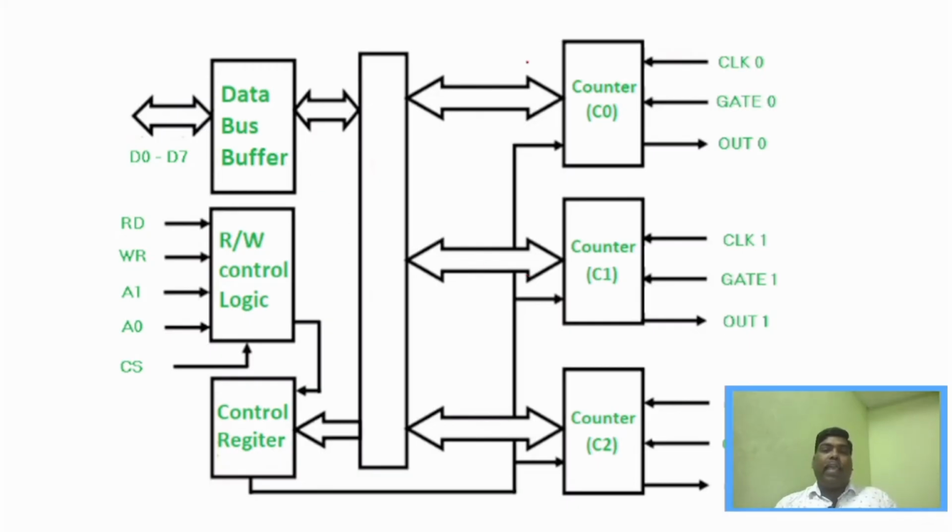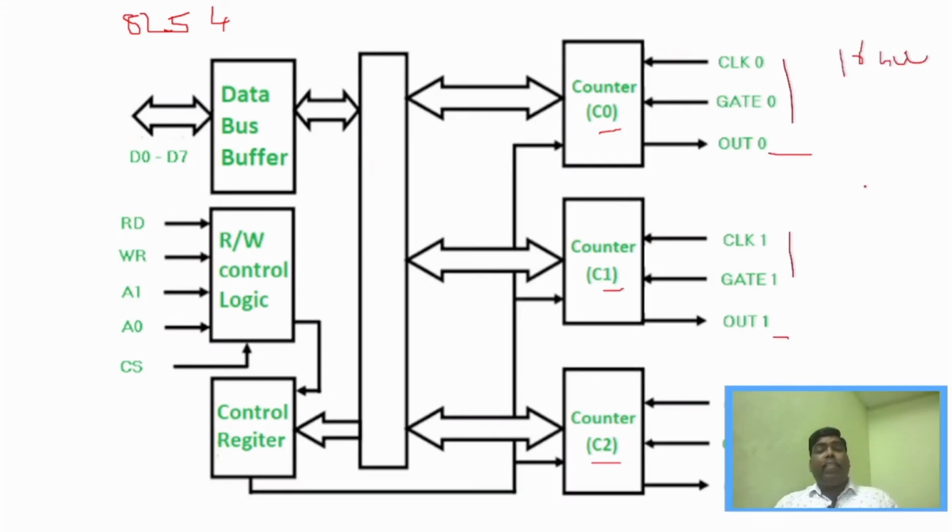So this is the block diagram of 8254, and coming to this block diagram, as I previously said, we have 3 counters: counter 0, counter 1, and counter 2. All these counters are 16-bit counters, and they have 2 inputs and 1 output, right?